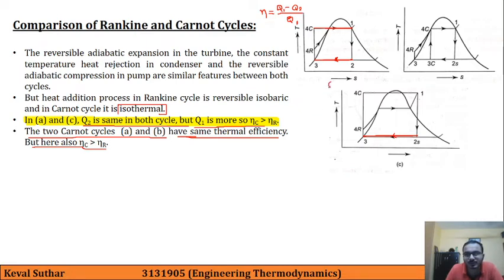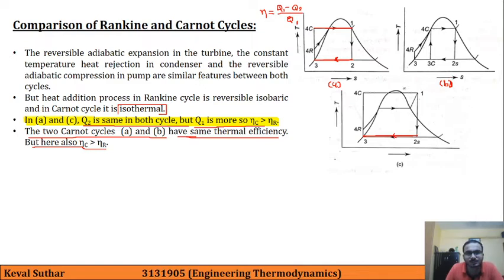This process will be A and this process will be B. Sorry, this figure is A and this figure is B.